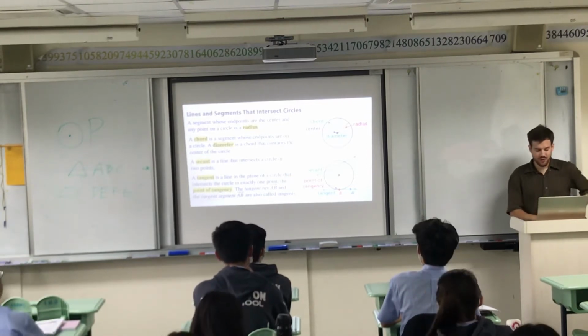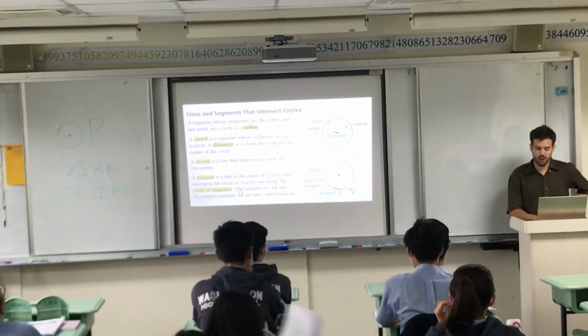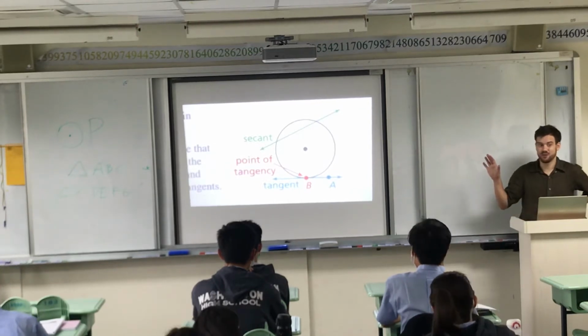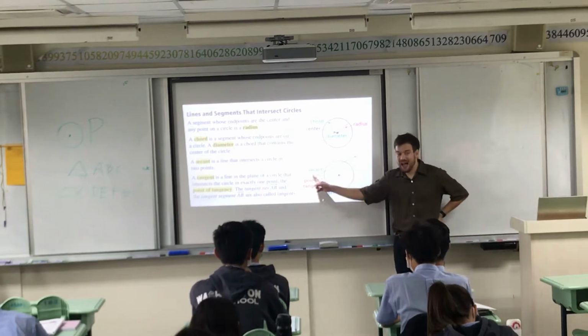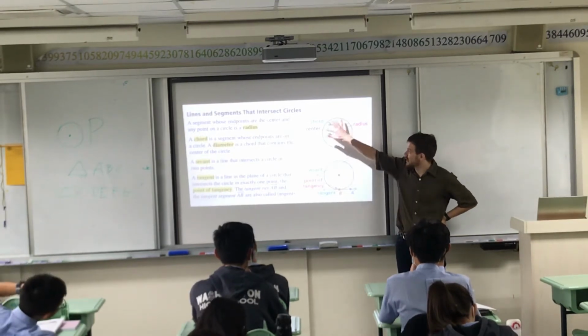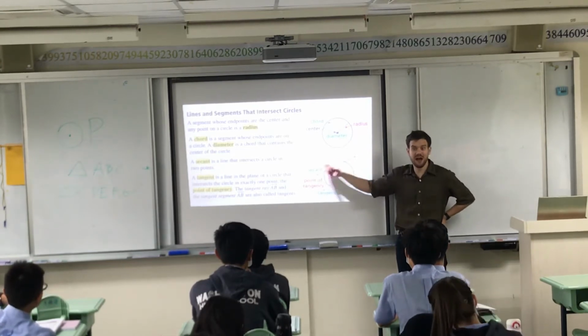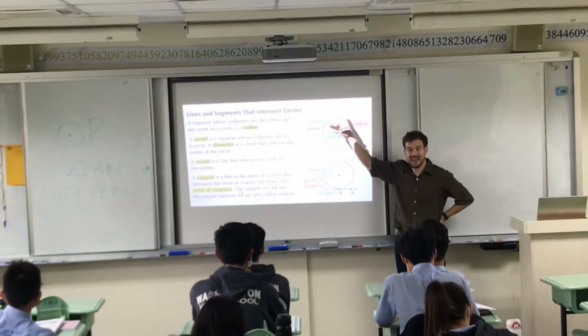And then these words down here are probably completely new. If I have a line that goes through, it's like a chord, but it just keeps going through forever. It's a line, not a line segment. A chord is a line segment.